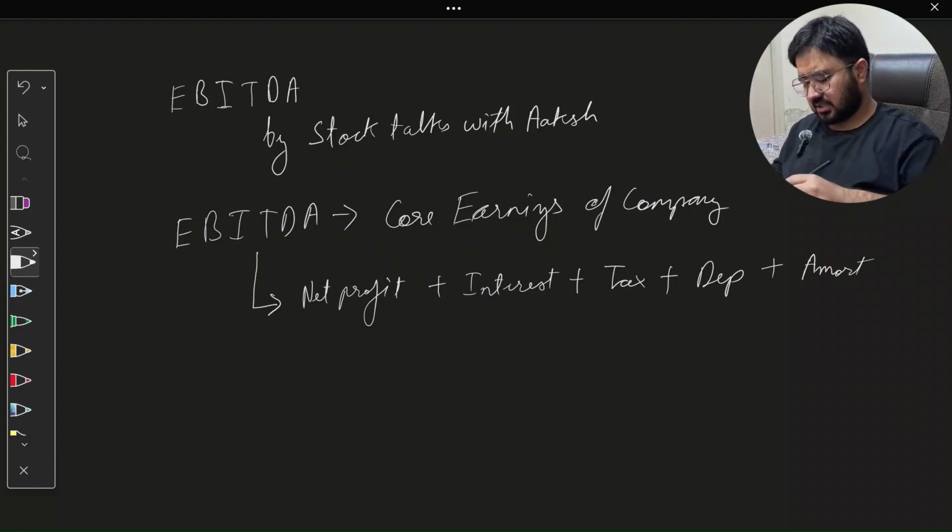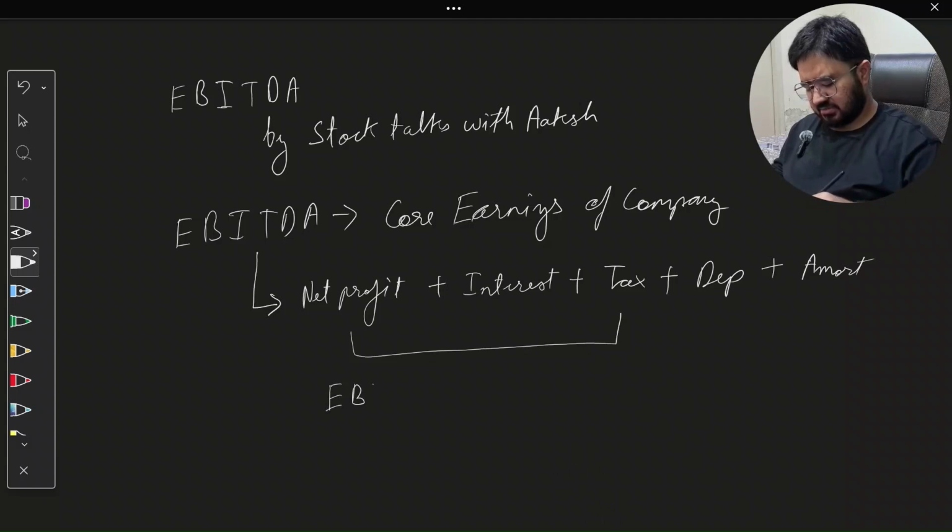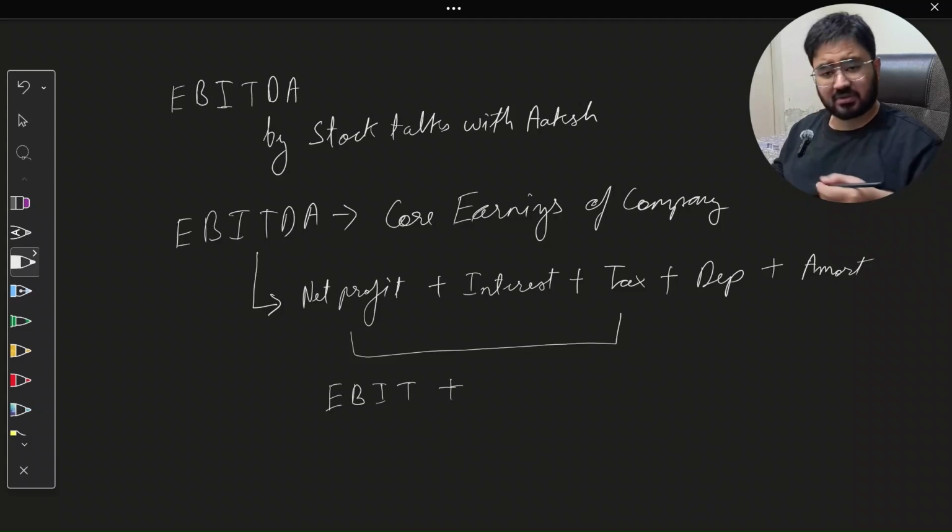There is another formula. By the way, if you club these three, it is EBIT. Okay, this is called operating profit.